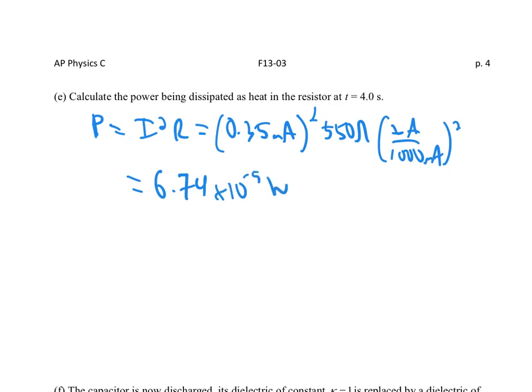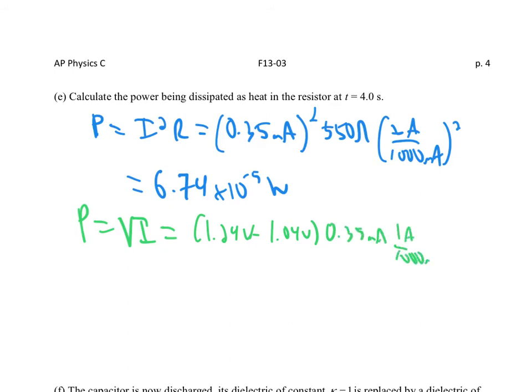You could also have gone through that the power is always VI, and here we have to remember that the voltage is going to be 1.24 volts minus 1.04 volts, because the voltage across the resistor has to make up the rest that is in the capacitor, times the current, which we said was 0.35 milliamps, times the 1 amp per 1,000 milliamps.